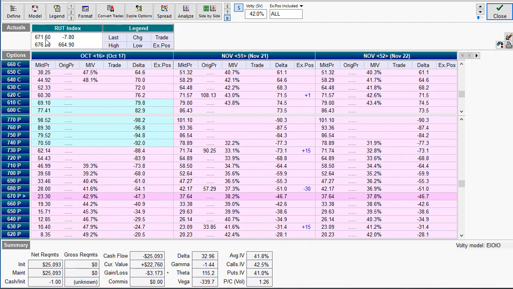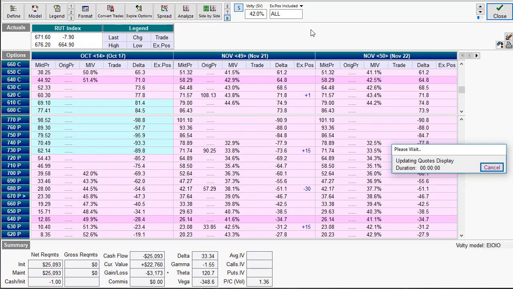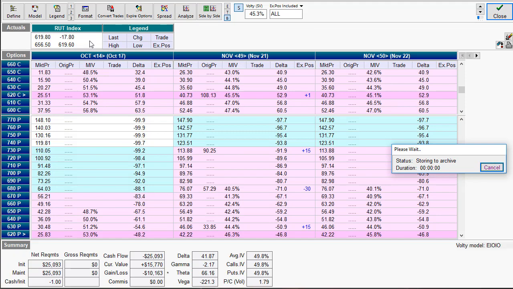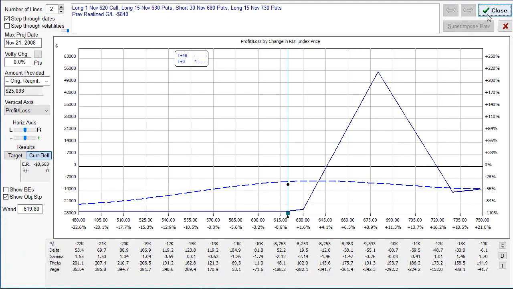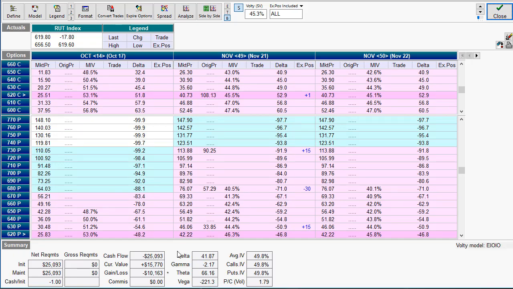We go from 671. It's going to take a second to update. To 619 in a couple of days. We're way down under after you've already made that first adjustment in that roll.